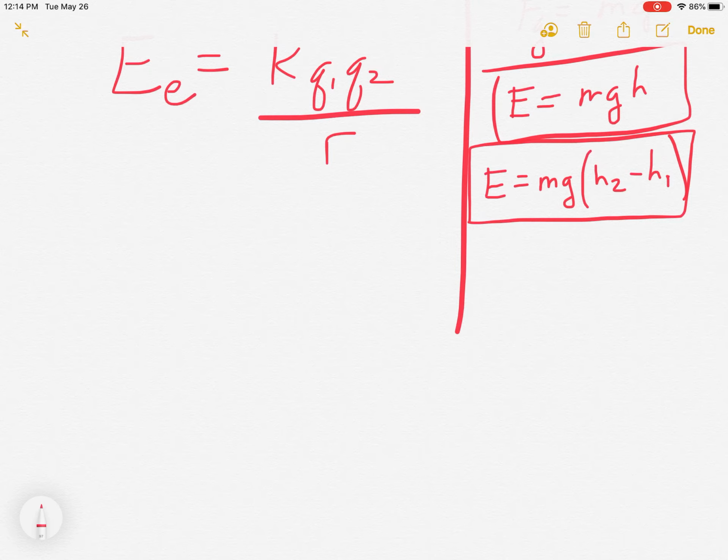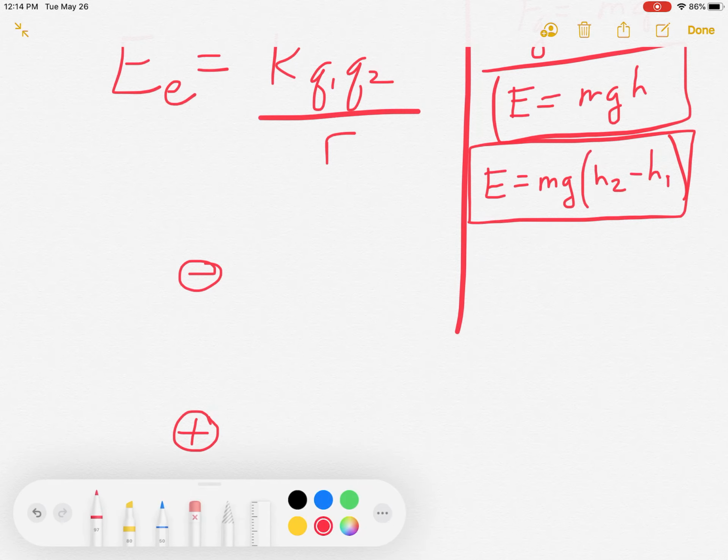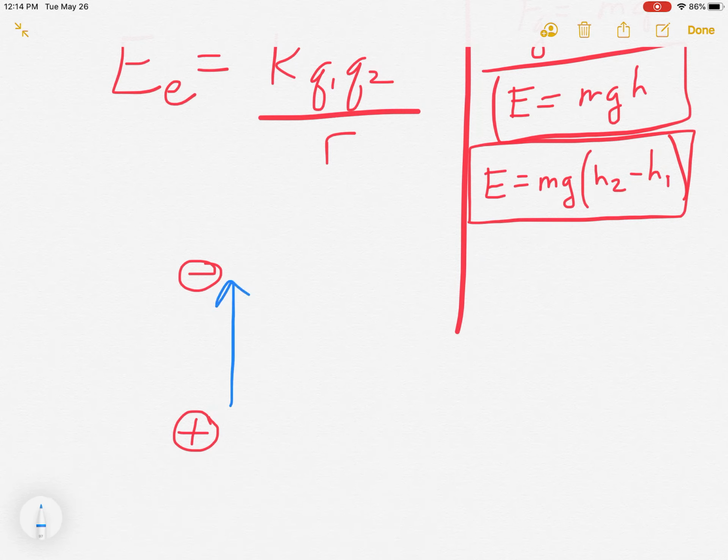So what happens then if we take the electrical force? Here's a charged object, and we're going to try and lift this negative object. If we lift it, we've applied a force, and that force would be an electrical force, right? QE. And we would have to move it a certain distance.